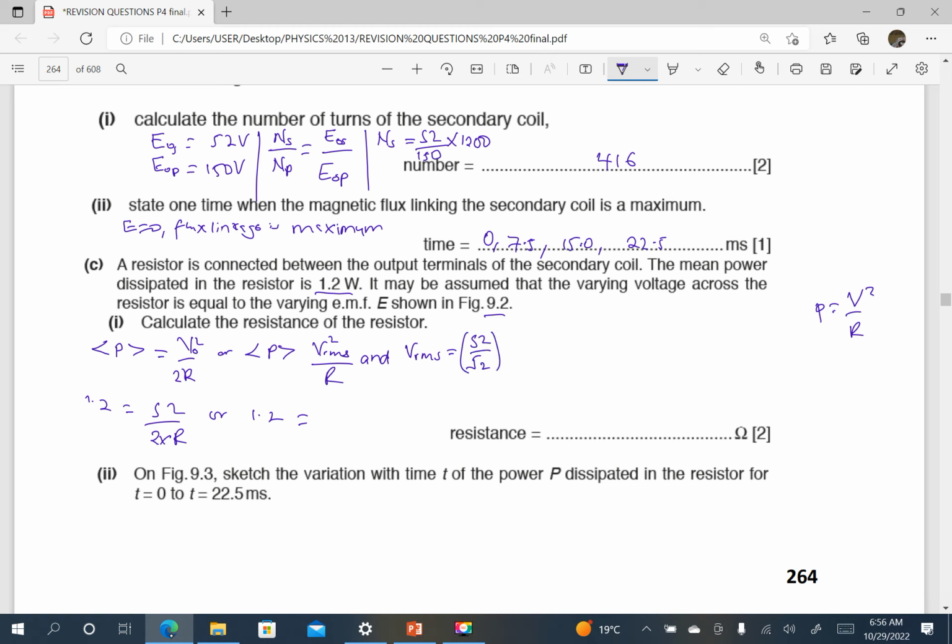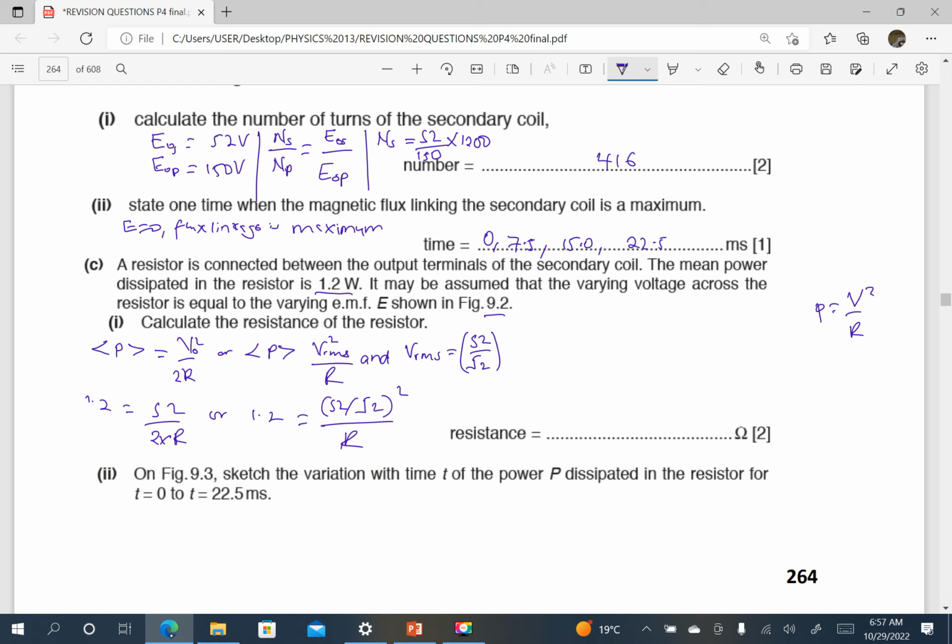That is the root mean square value of voltage. So this is 52 divided by root 2, squared, divided by R. So I have two alternatives here that I'm giving at the same time, and in both cases I'm going to make R the subject.